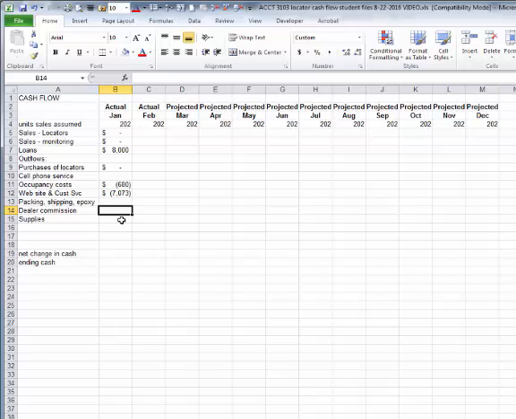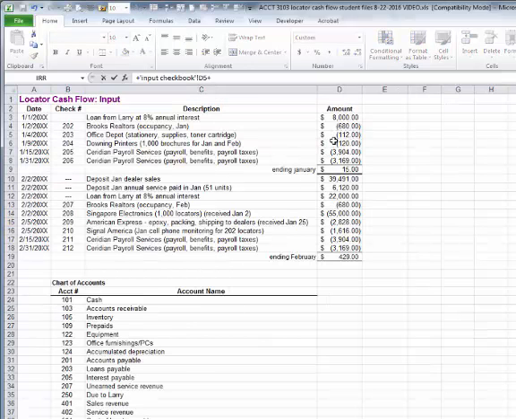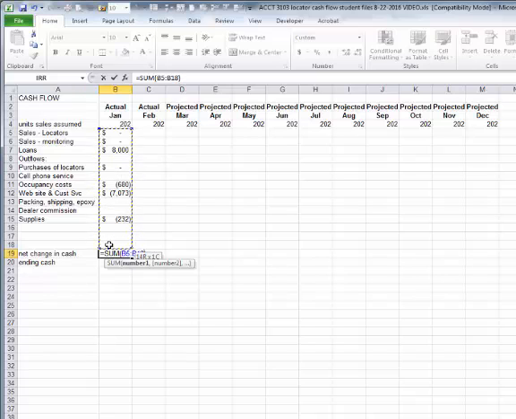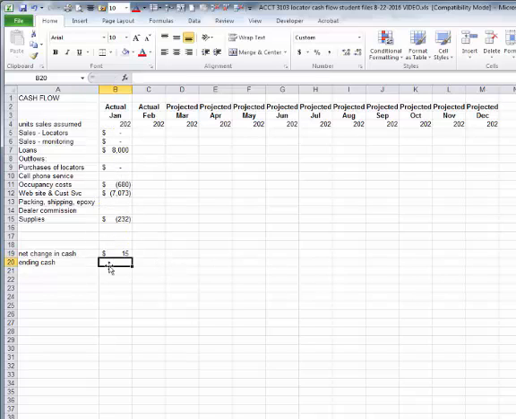There was no dealer commission. There were some supplies. And we're going to know this is correct if we get an ending balance of 15, because that's what the actual checkbook was. When we started with 0, so plus that. And as we go here, we plus the prior month plus the change in the month. So this will be the change plus whatever was prior. That will be the new ending. All right, so that was January.